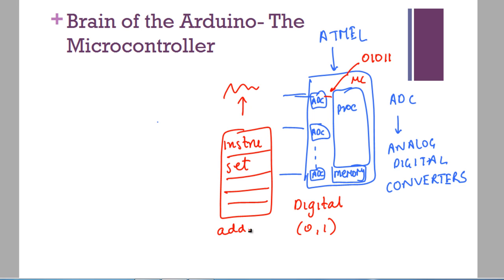For example, add, subtract, and so on, move. So these instructions in memory are stored in something called a hexadecimal format, or a hex format, which is a string of zeros and ones in a particular format.